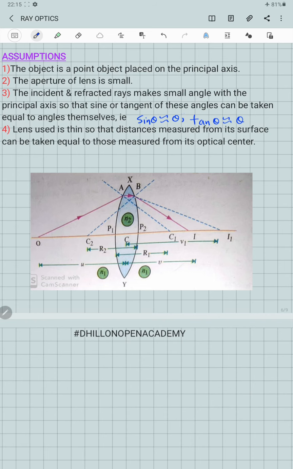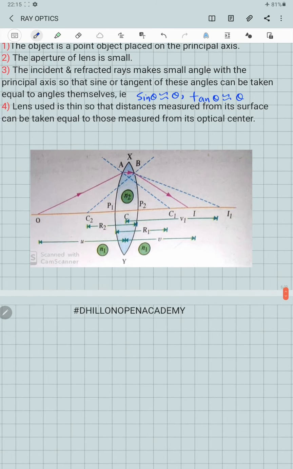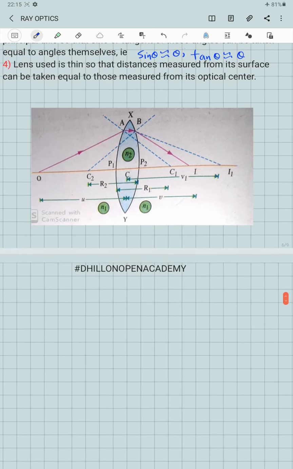So if this is true, in this case, U will be the distance of the object from the pole of the surface XP1Y. R1 is the radius of curvature of the surface XP1Y, which is the distance from P1 to C1, and V1 is the distance of the image formed at the point I1 with respect to the point P1.